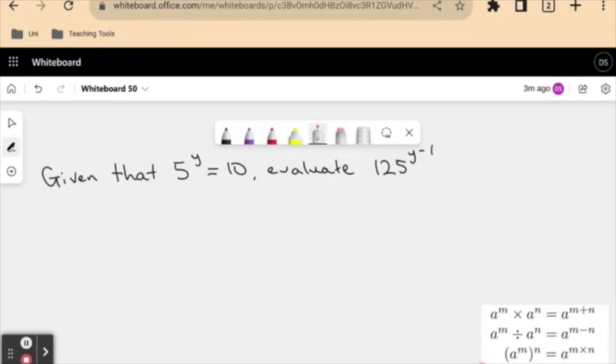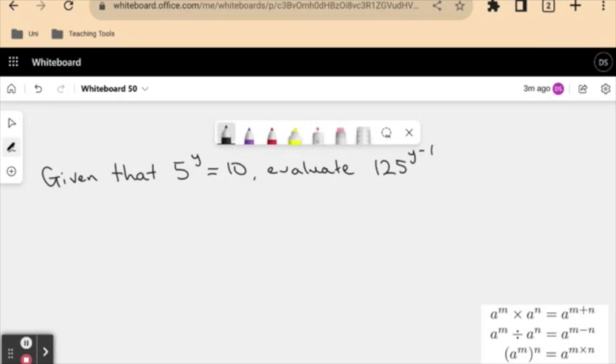But what I want to do is I have something known: I have 5 to the power of y equals something. And we also have this thing here. Now we have a y in the power, but we don't have just a base of 5. But what is so significant about 125 here? How can we make a link between this number and this number?